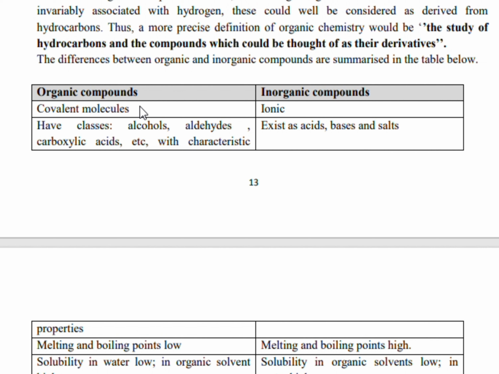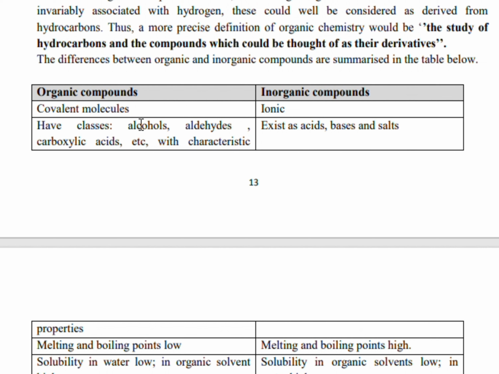For example, in the bonds where carbon is bonded to hydrogen, we analyze the electronegativity difference between carbon and hydrogen.